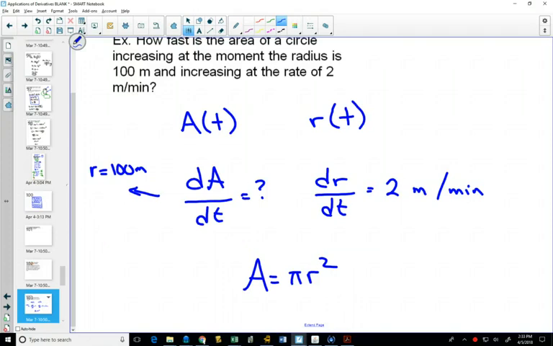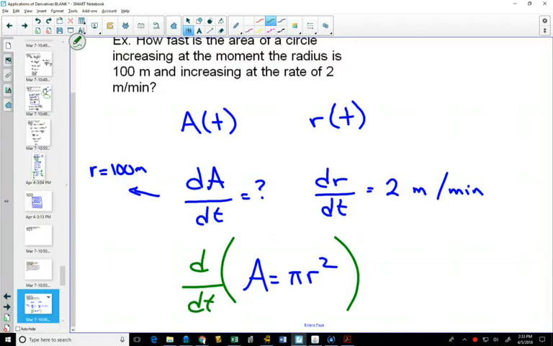Are there any t's in that equation? None. And yet, we can still take the derivative with respect to time of this. This whole equation, we're going to take the derivative with respect to time of it.